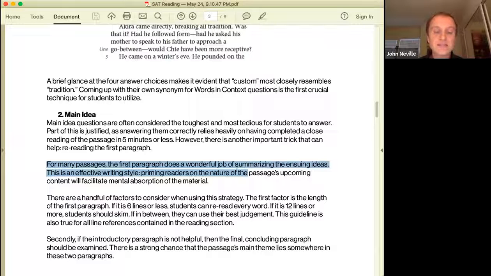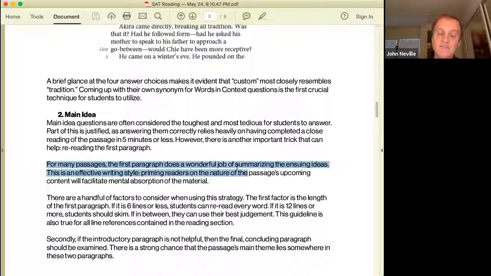If there's an answer choice whose idea is not mentioned in the first paragraph, there's a good chance that answer's wrong. Because if it was a central enough theme, then it would be mentioned in the first paragraph. In some cases, the last paragraph will be a better source of central themes.